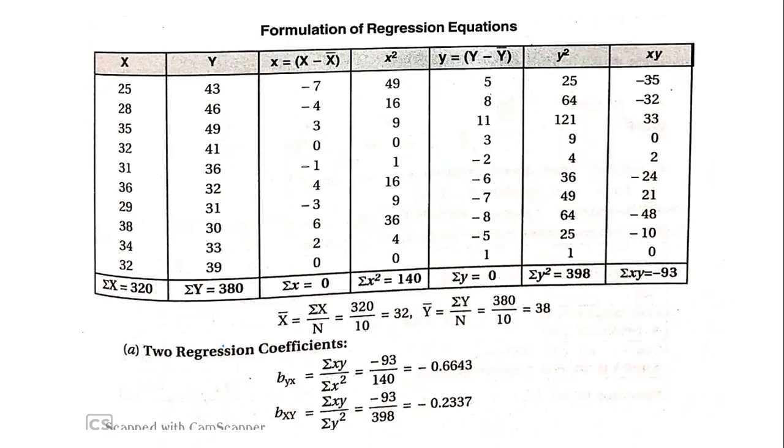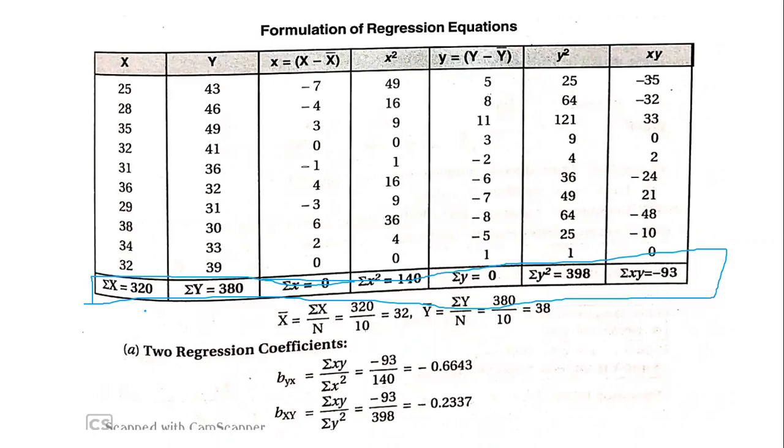Now for regression coefficients, there are many ways to find them. How do we know which to use? Based on the data available. If you see here, the data available to you is sigma x square, sigma y square, and sigma xy.